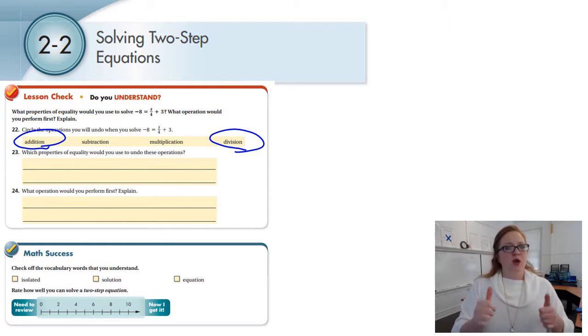Number 23, which properties of equality would you use to undo these operations? First, you would use subtraction property of equality to undo addition. Second, you would use multiplication property of equality to undo division.